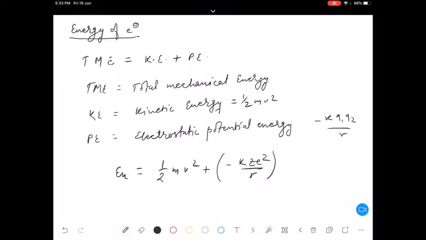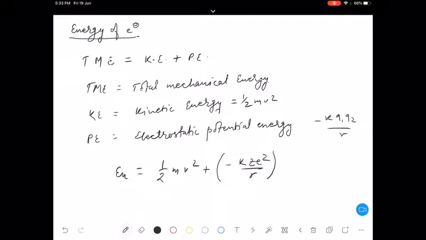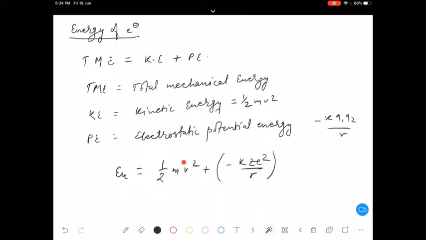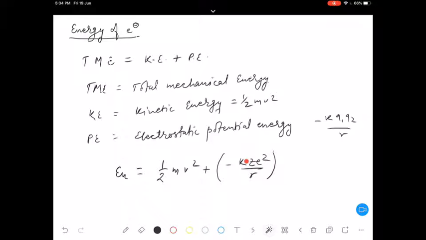Now we know the mass of electron, the velocity of electron in nth orbit, the value of k, the z of that particular atom, the value of e, and the value of r for a particular orbit. We can put all these values to get the value of energy. Is that correct?